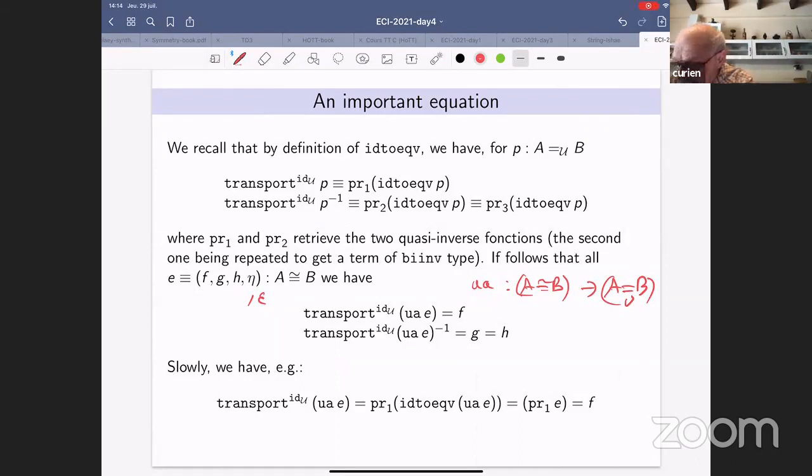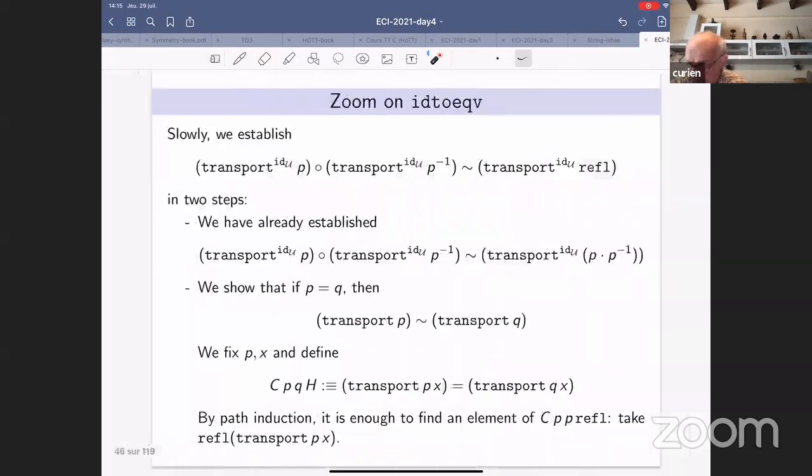this path here, UA of E, and because of this, transport UA E is the first projection of idtoeqv of UA E. Here I'm just instantiating this line with P being UA E, and then I use the fact that the function computed in idtoeqv UA E is just the first projection of E, which is f, by definition.